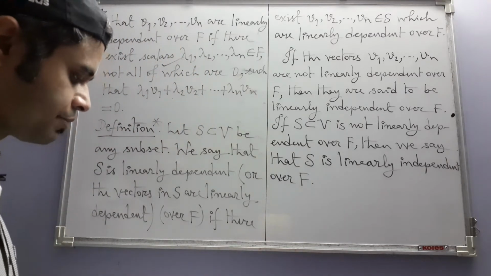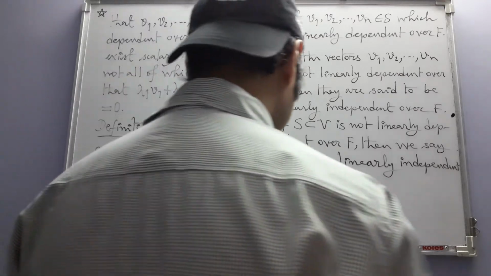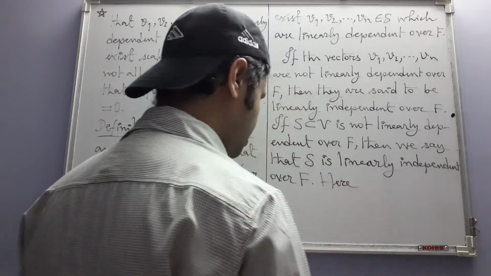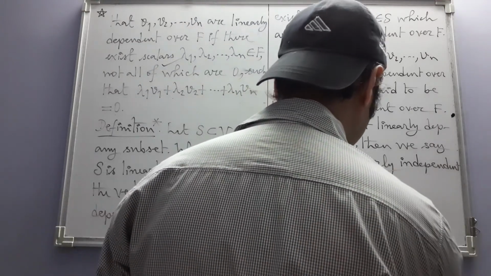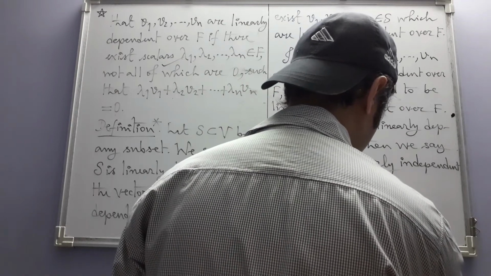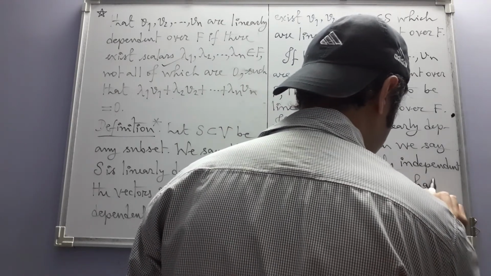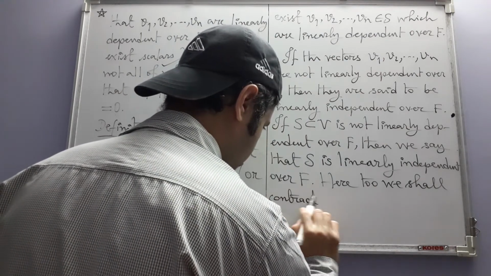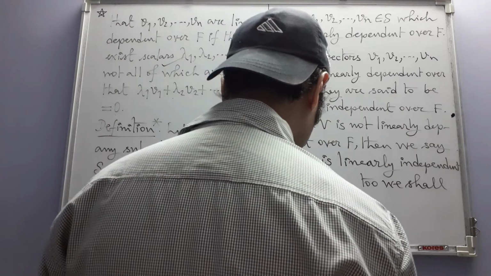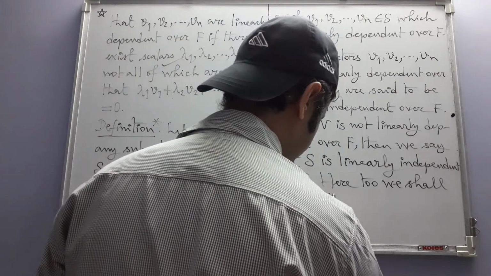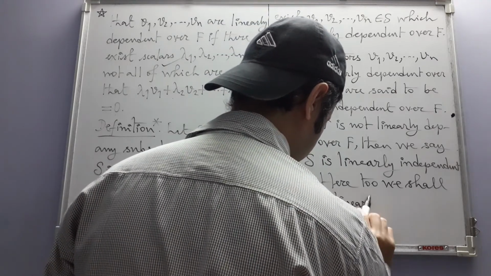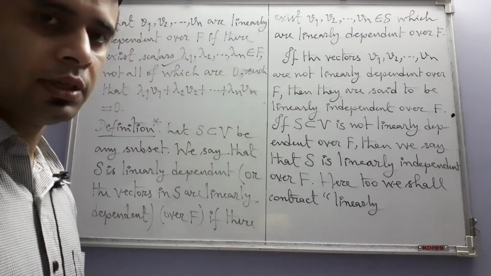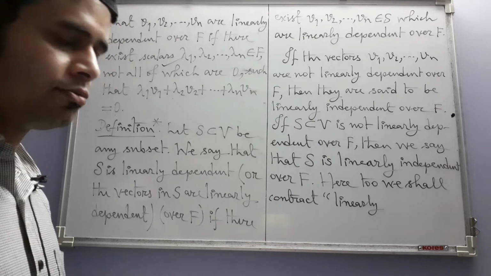There are multiple ways of saying the same thing. Here too, now some simplification in writing. Here too, we shall contract linearly dependent over F, like linear combination over F. If F is understood, we don't write that over F part.